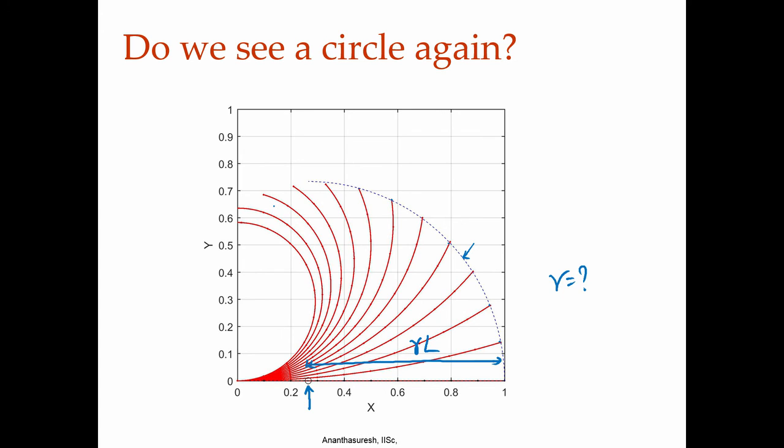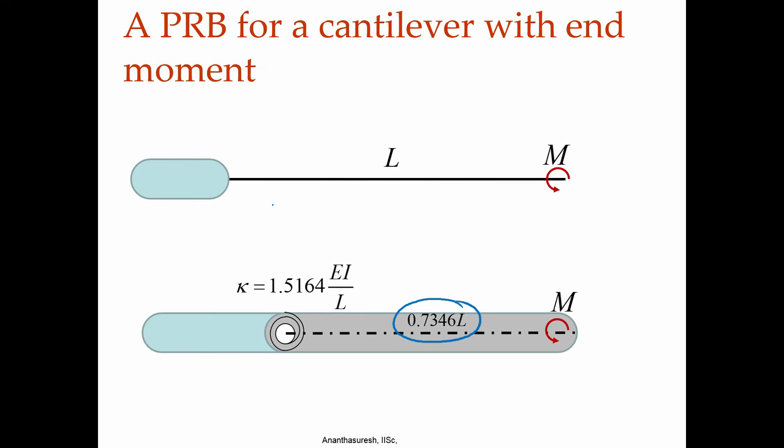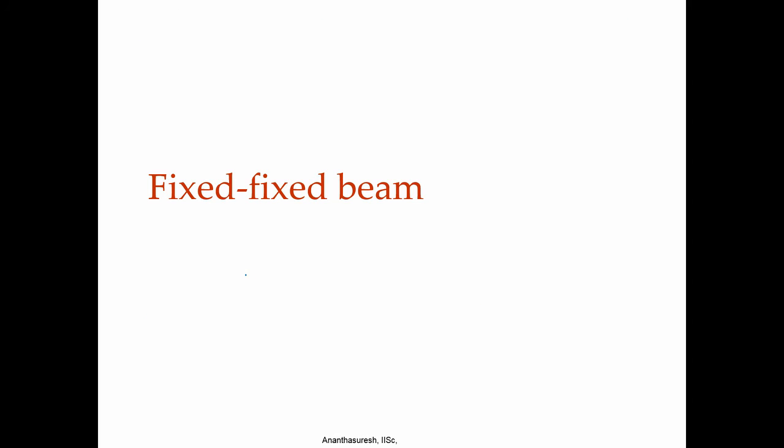So, we do not have to go for a numerical solution, and if you minimize that you will get gamma to be this value, and likewise the torsion spring constant turns out to be 1.5164 EI by L. So, we can replace the beam with this pseudo rigid body model when there is only a moment load.